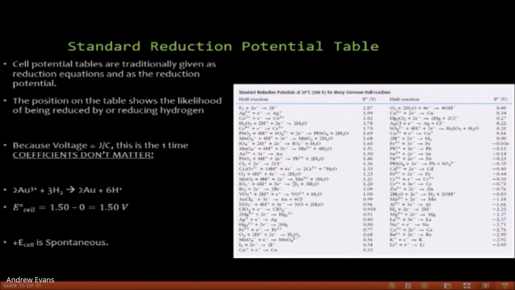If I put gold solution in and bubbled hydrogen gas through it, this would produce a voltage of 1.5 volts and I'd get a nice little gold solid. We'll see that when the E cell is positive, this is a spontaneous reaction. So that must mean when E cell is negative, it's non-spontaneous.